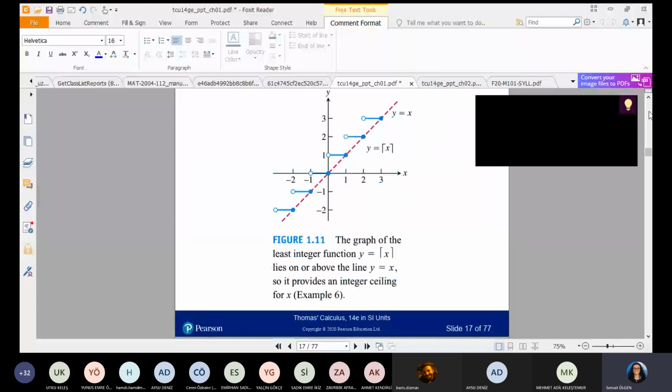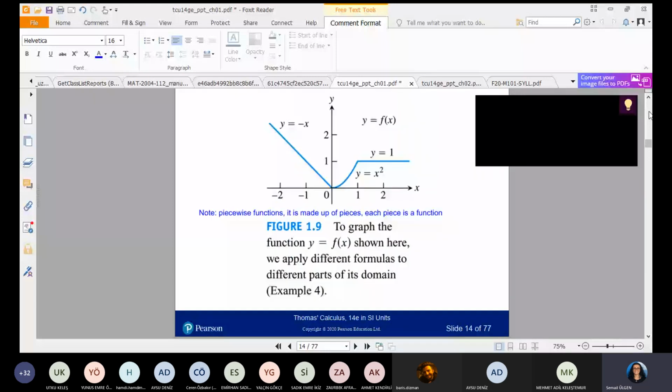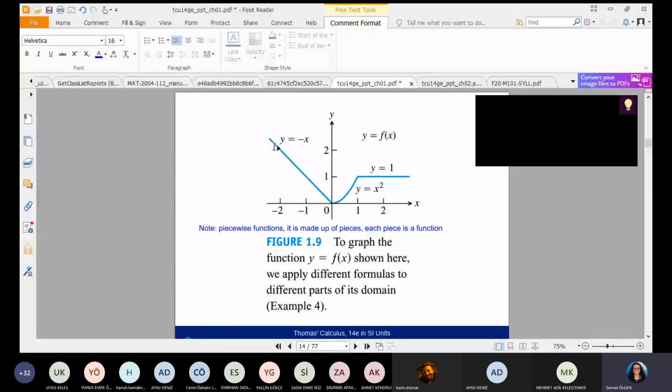Okay, let's look at this picture for increasing, decreasing function. Actually, on this piece until 0, the function is decreasing because it's going down as we move towards right. Between 0 and 1, the function is increasing. It is going up. But after 1, it's a constant function.